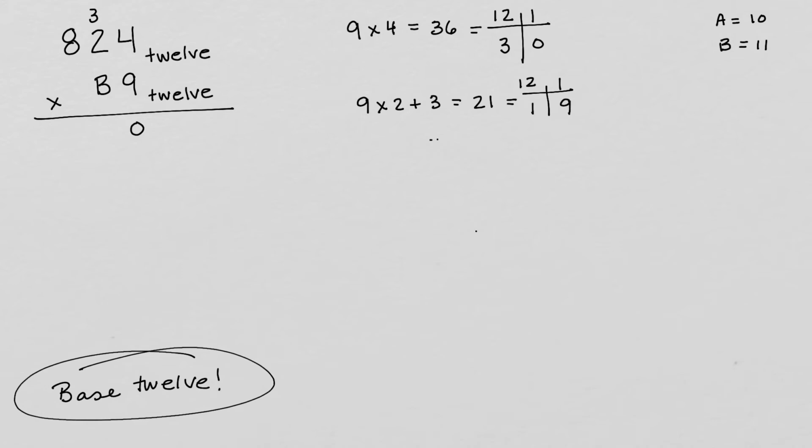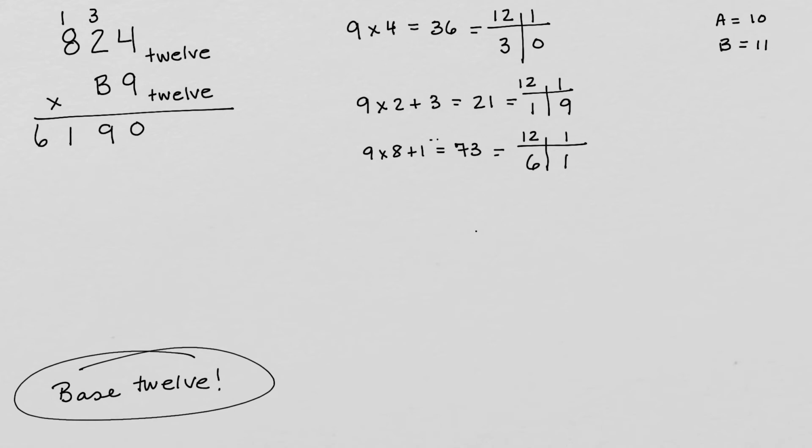So there's 9 left over. So there's a 9, and a 1 is carrying over to the next place value. And then we have 9 times 8 plus 1. And that is 73. And so in base 12, there'll be 6 groups of 12 and 1 left over. So I've got 6190 so far.